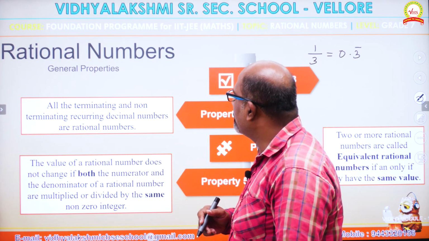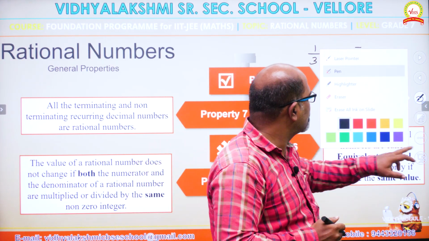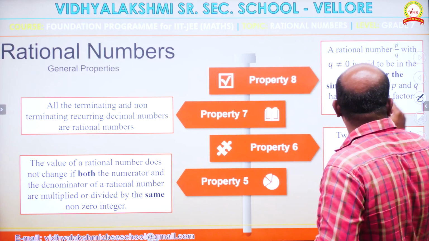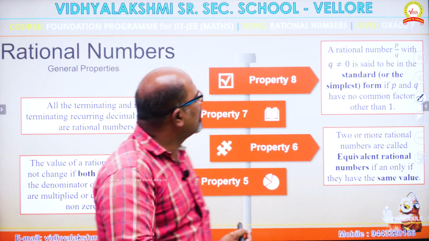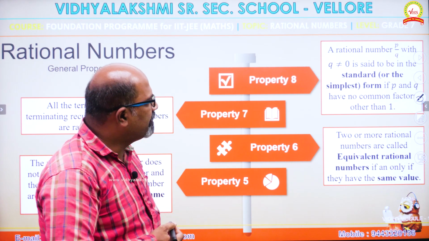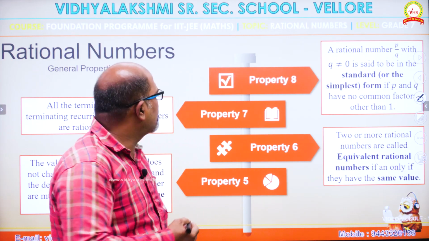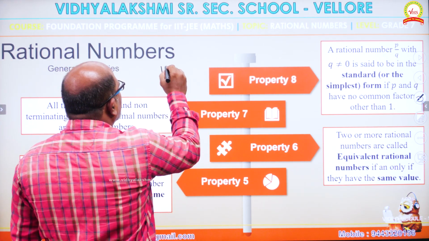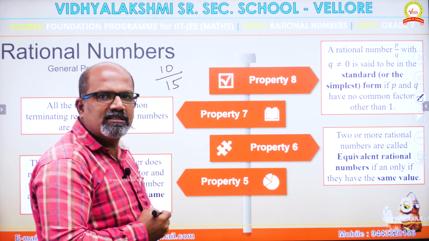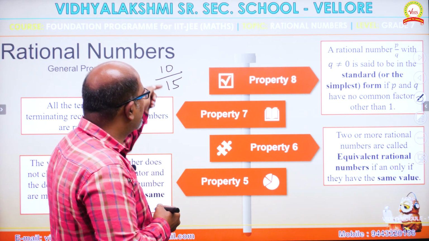So all the terminating and non-terminating recurring decimal numbers will come under rational numbers. Then the next property: a rational number p by q, with q not equal to 0, is said to be in standard form if p and q have no common factor other than 1. If I write 10 by 15, this is a rational number, but it is not in standard form because 10 and 15 have 5 as a common factor.